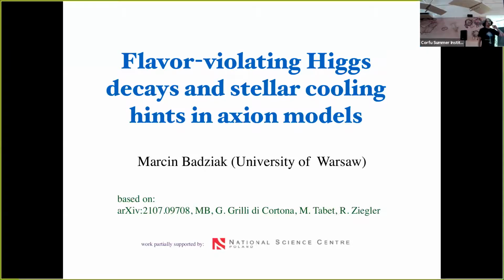So continuing on questions to Tania, I will present an axion model, which in fact solves some other problems than dark matter, but also the strong CP problem.